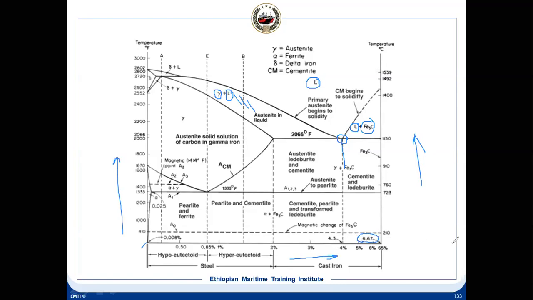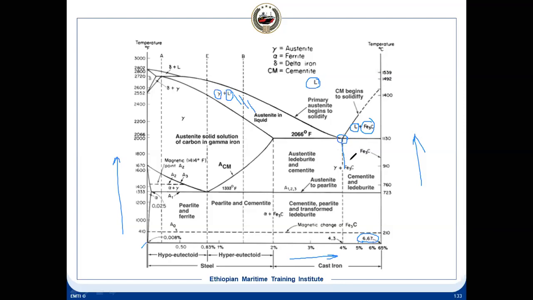Now this is the eutectic temperature, where as per definition, it is the lowest temperature at which two or more phases, when mixed together, will get melted.